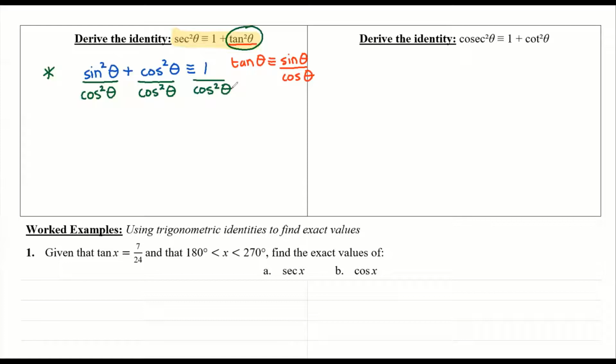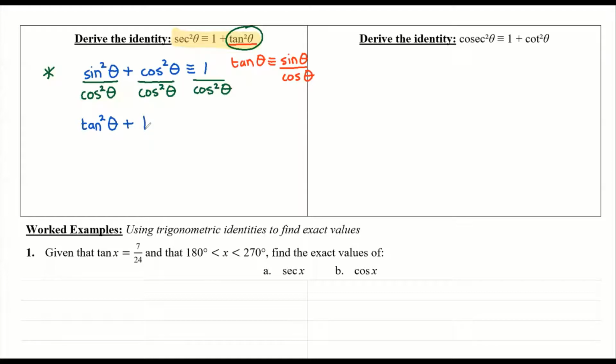Now, the result will just fall out. So if we see that sine squared over cos squared, we've already mentioned this is tan squared. So we have tan squared theta. Okay, and then we have cos squared over itself, which just simplifies to 1. And then we have 1 over cos squared.